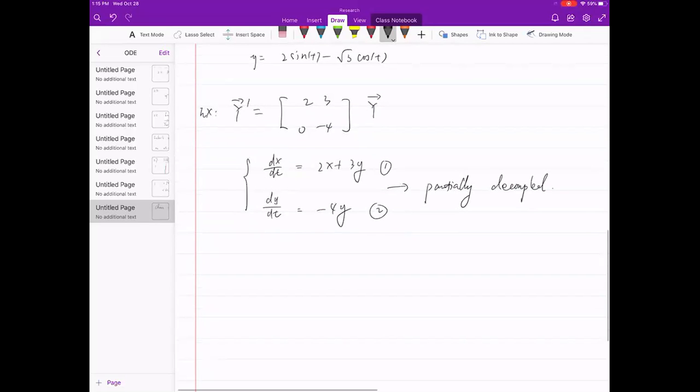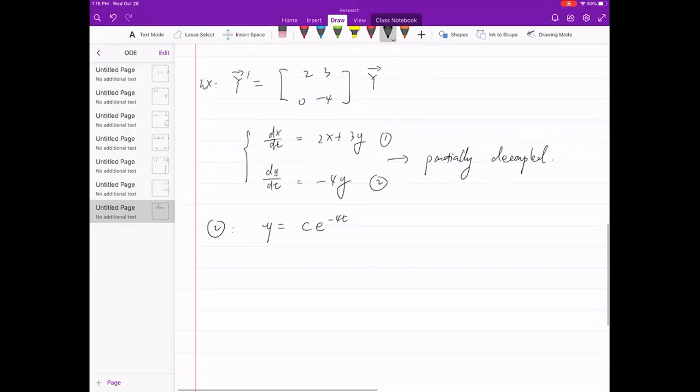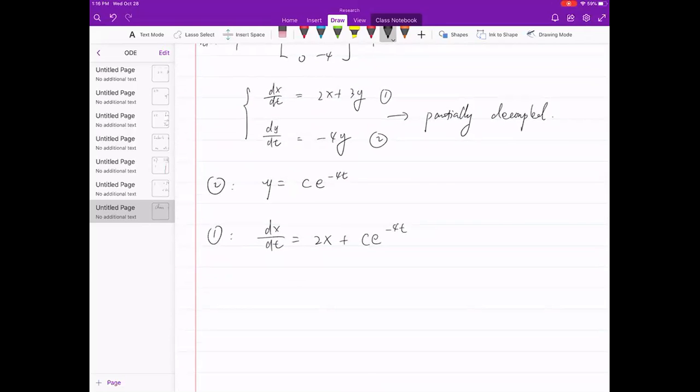As long as it's partially decoupled, we can solve equation 2 first. That gives you y equals a constant times e to the negative 4t. Plug this back into equation 1.